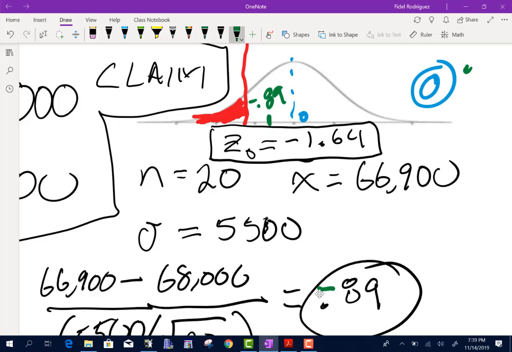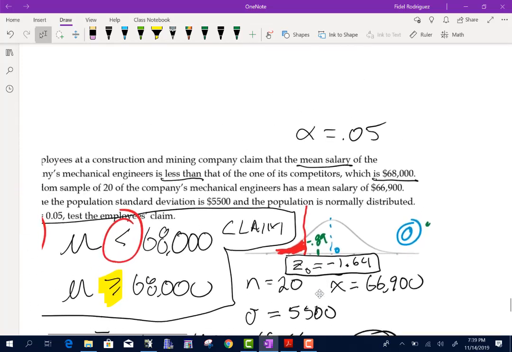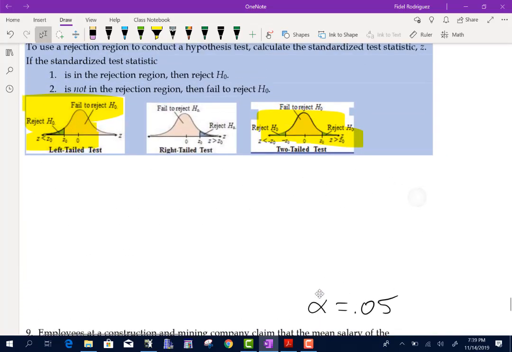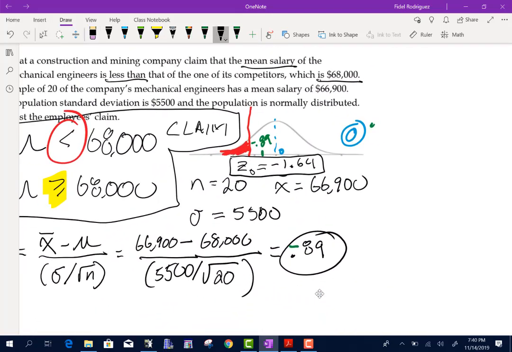Now, guys, remember what we said earlier? Let me get rid of the yellows so that we can see it. What region did we fall in? Fail to reject. So all I'm going to do right here is say we fail to reject the null hypothesis.